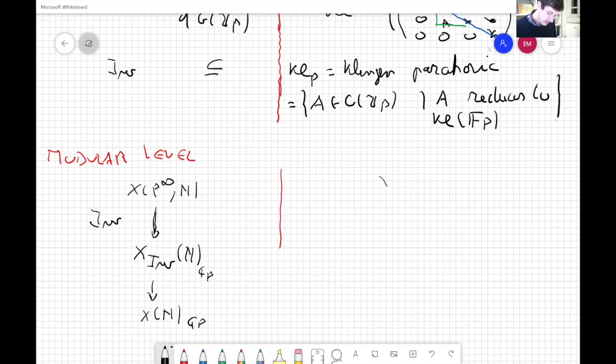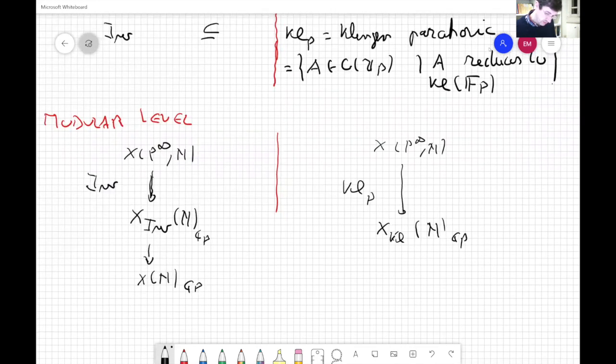And today, instead, we mod out by the Klingen parabolic. So I'll just write the X sub KL, N, C_p that maps to X and C_p again.